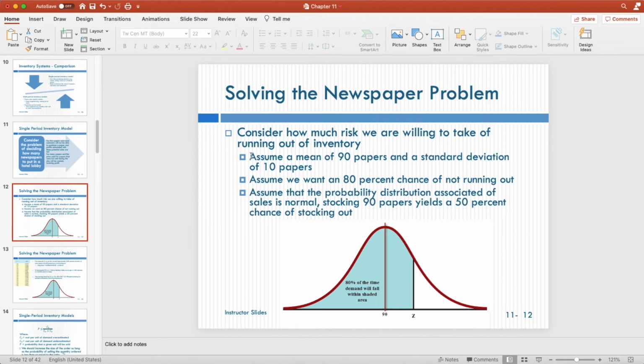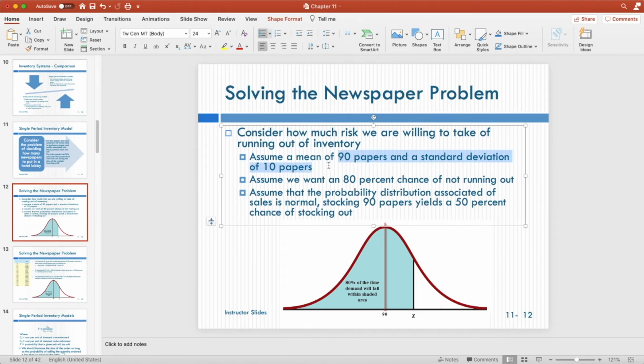Suppose that based on your experience, you figure out that the amount of newspaper that you can sell every morning follows a normal distribution. And in this normal distribution, the mean is 90 papers, and the standard deviation is 10 papers.